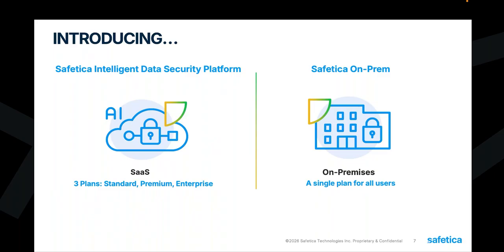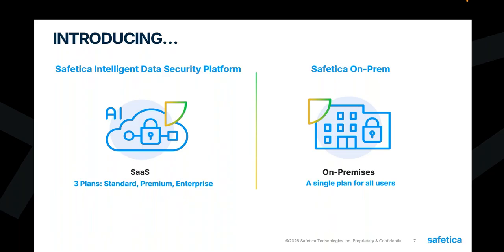So it's available in 3 different plans. We have a standard plan that provides core data visibility and protection for growing orgs, and then a premium plan that delivers AI powered data security for scaling orgs. And then our enterprise plan offers enterprise grade protection and compliance.